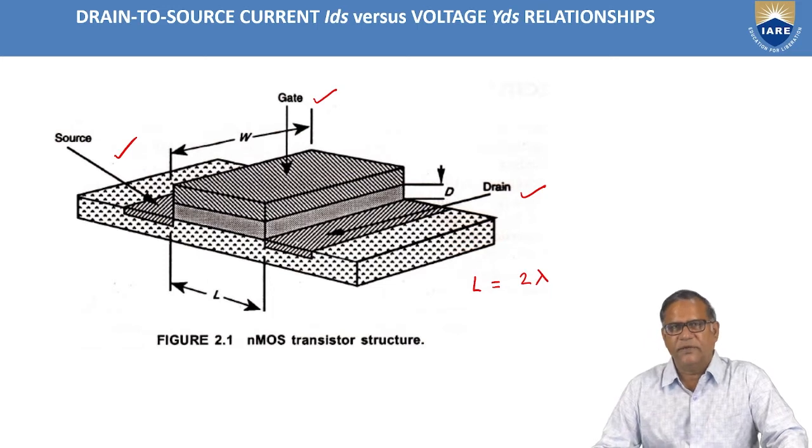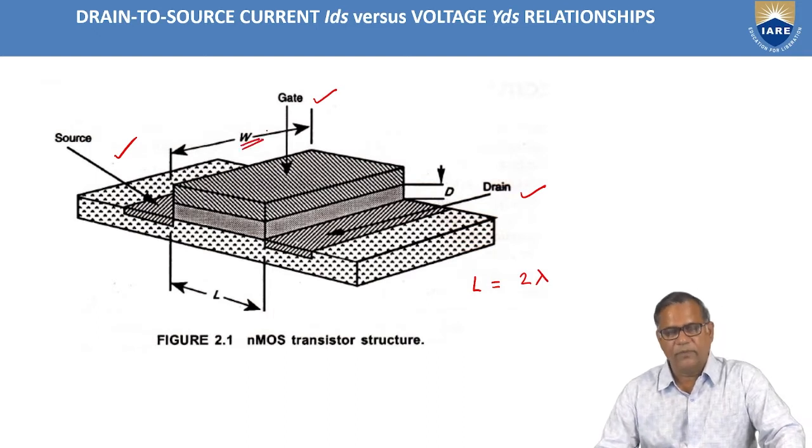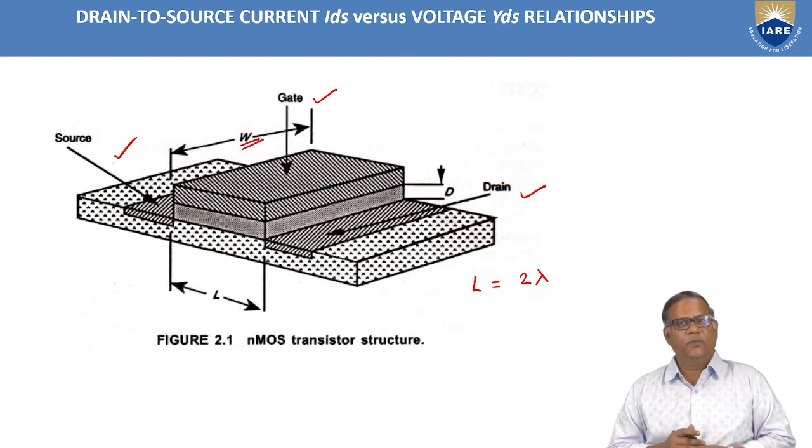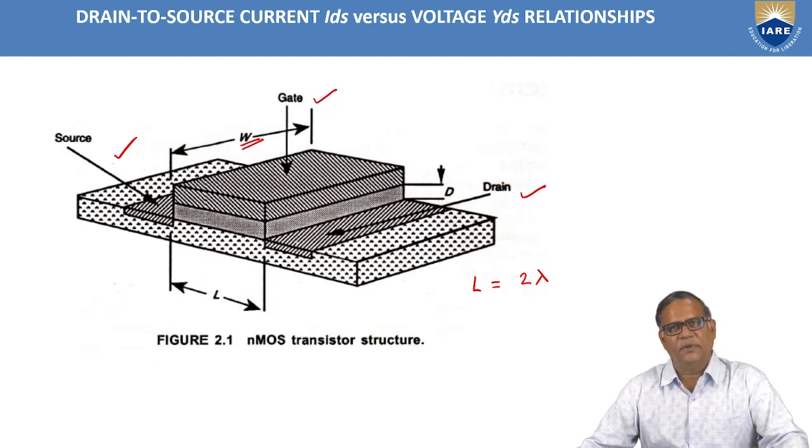And this is the width of the channel W. The gate is made of polysilicon, and source and drain depend upon the type of MOSFET. For N MOSFET, the source is N plus, the drain also is N plus. For P MOSFET, the source is P plus and the drain is P plus.